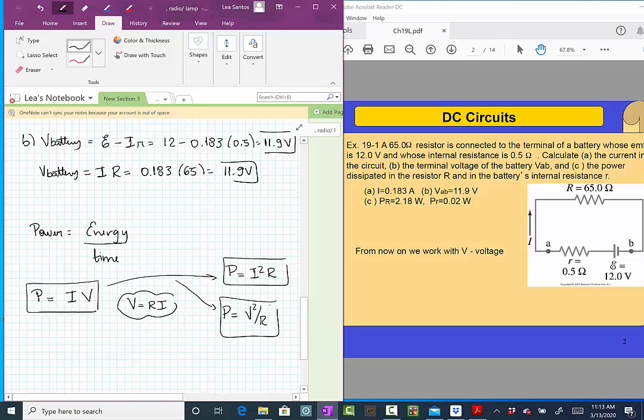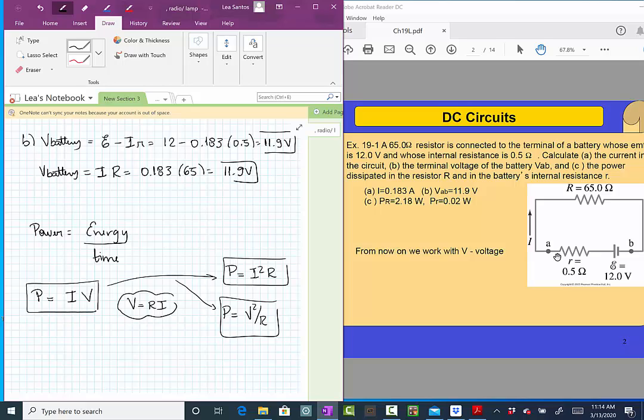Any of these three equations we can use to compute the power dissipated in each resistor, in the resistor R, or in the internal little resistance of the battery. Any of the three. Now we can think about which one should be the most convenient.